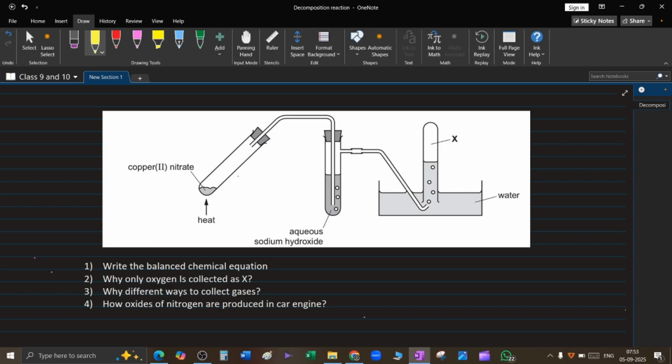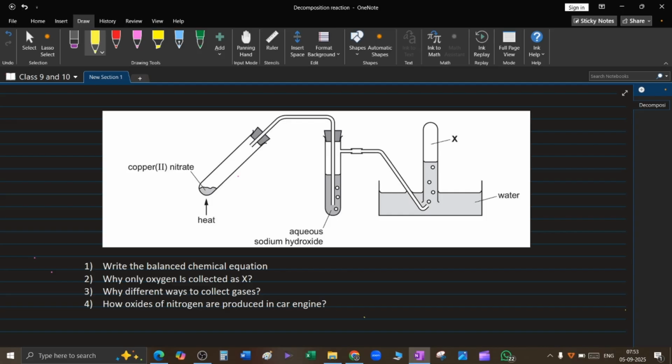So, a very nice question for class 10 is here. It is simply a decomposition of copper nitrate, similar to the decomposition of lead nitrate. And in the diagram it is shown that the gases which are coming out are transferred to two different sections.